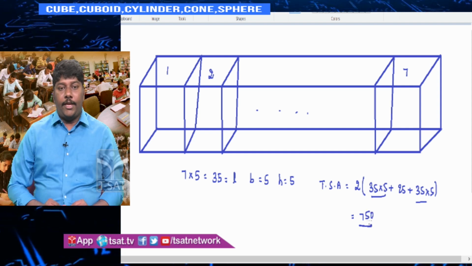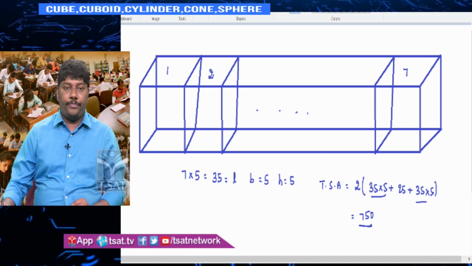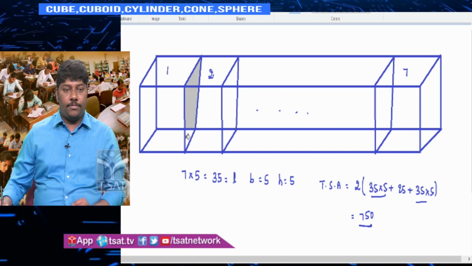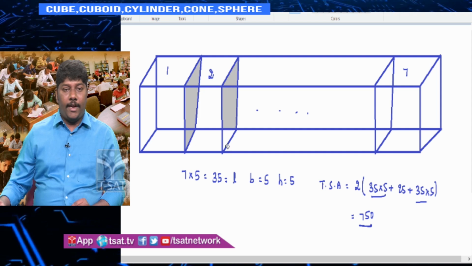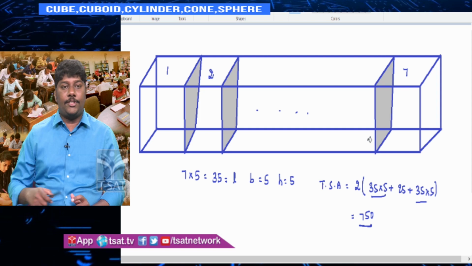This is one way of finding the surface area of the cuboid, or else you can find it another way also. Let's look at this figure. By joining the cubes, when you join 7 cubes, there are 6 joints.